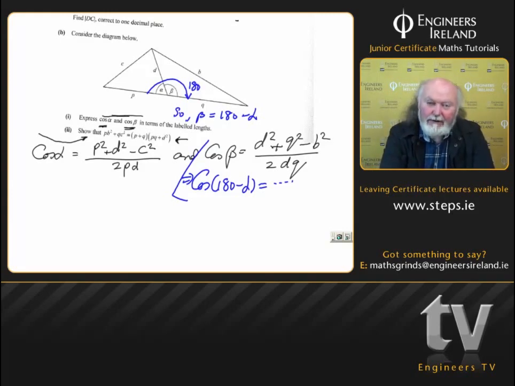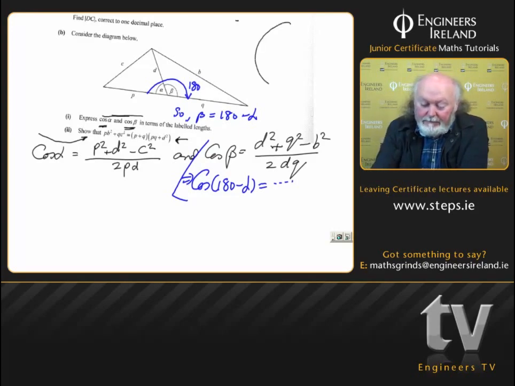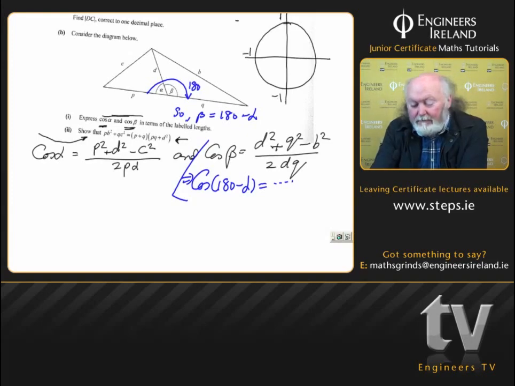What's cos of 180 minus alpha? Rather than going through your trigonometric identities, it's much better to draw your basic little drawing again, your unit circle, and ask yourself, let's say this is alpha.